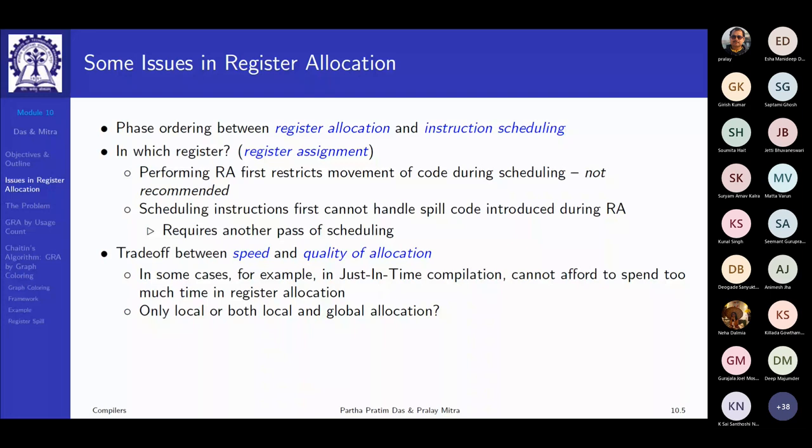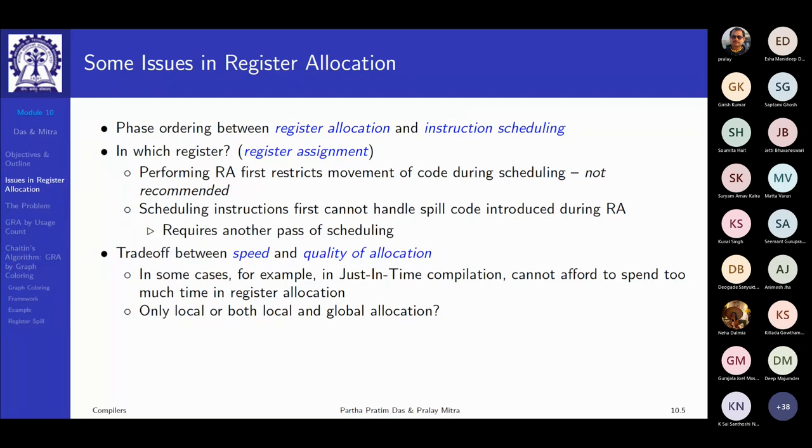So you have to use those registers for the respective instruction scheduling. Now, the question is, which one should you do earlier? If you do register allocation first, it will mean that you cannot move the code during scheduling, right? Because registers have all been fixed according to the flow that you have done. And while you generate the code, you may often need to move some code around, right?